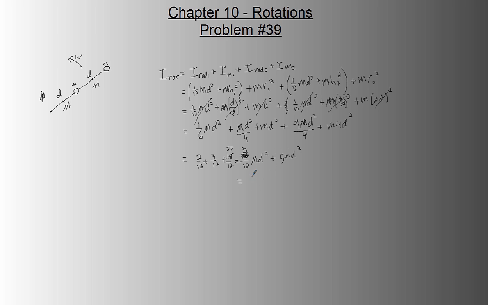And so then you plug in your values. Big M, if you look in the book, is 1.2. This 32 over 12 simplifies to 8 over 3.